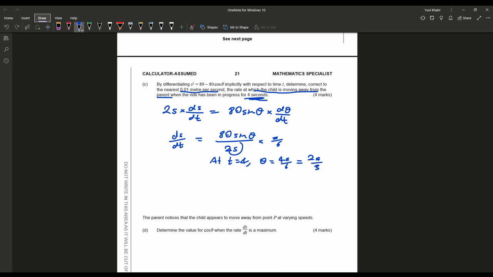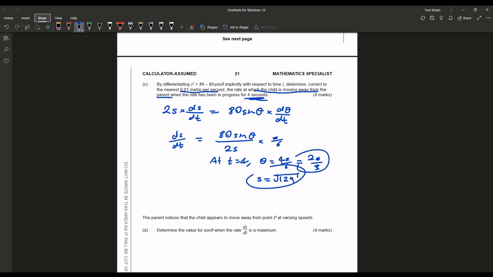Now we also need to find s at t equals 4. To find s at t equals 4, we can just use this equation. So we know that s squared equals 89 take 80 cosine theta, and at t equals 4, theta is 2 pi on 3. Now simplifying this, we get s squared equals 129. So s equals root 129.